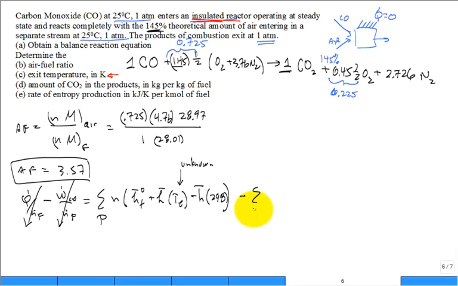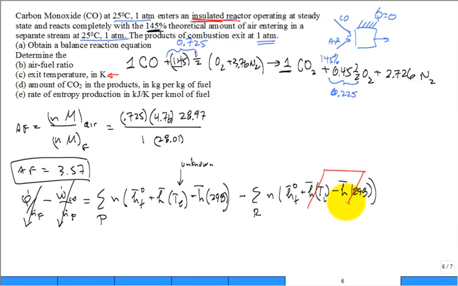Minus the sum of the reactants, the stoichiometric coefficient times the enthalpy of formation. Then we have plus the enthalpy at the temperature coming in, minus the enthalpy at 298. And I think I've written it correctly. Because everything comes in at 298, that's easy.